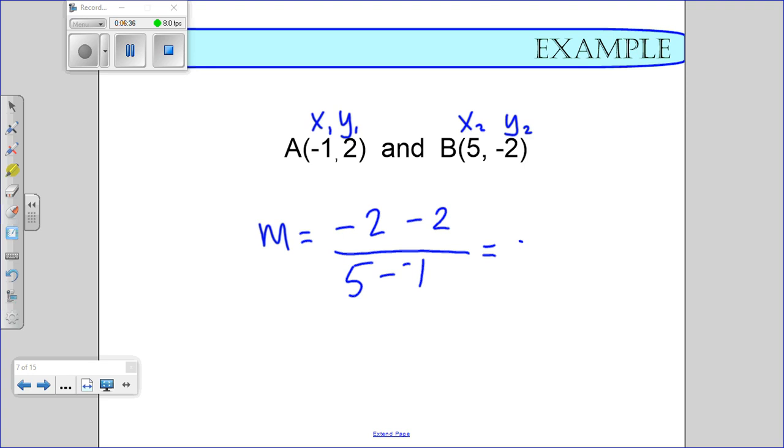When we do the math, we get 2. Do we get 2? Yes, we get 2, but it's a negative 2. All right, moving forward.